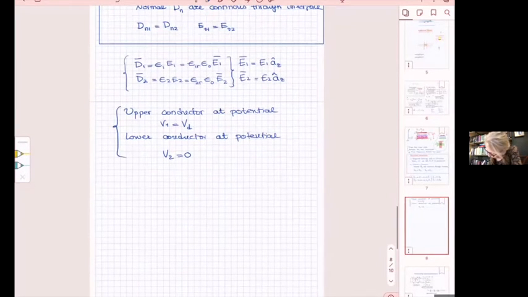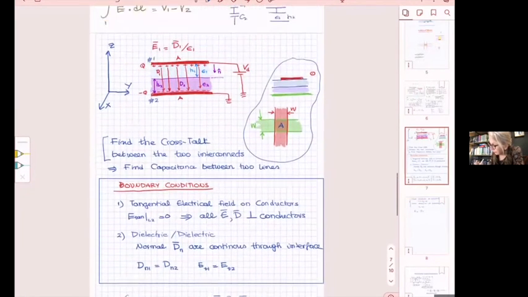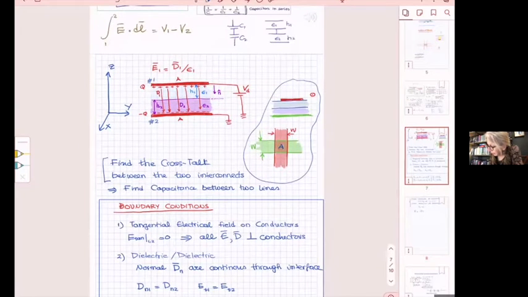We have defined E as minus the gradient of V. So we know now that the potential I'm talking about here, V1 and V2, is nothing else but the value of this potential V. So practically, V1 is the value of V at what Z, if the separation between the conductors is H1 plus H2?